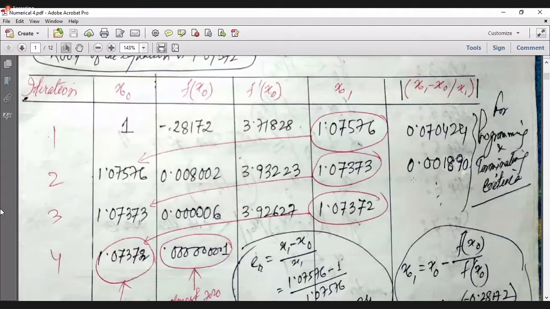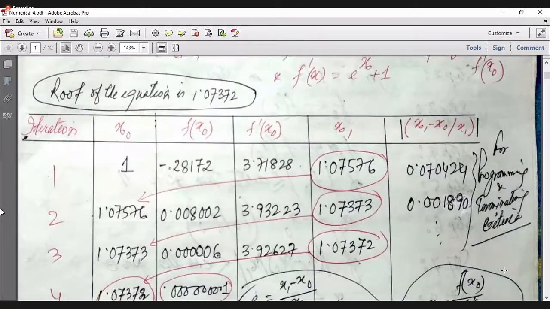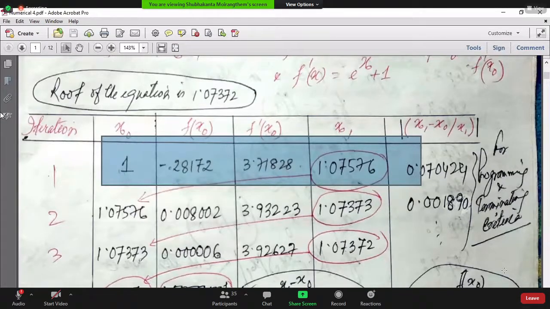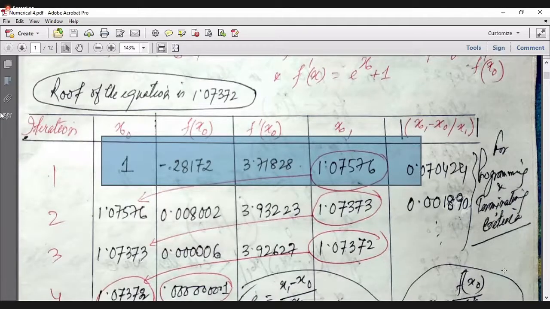For the bisection method and the false position method, what we did was check the sign of the given function at f of x naught and f of x2. If they have the same sign, then we assign the value of x2 to x naught. Otherwise, we assign x2 to x1. But in the Newton-Raphson method, we don't need those things.